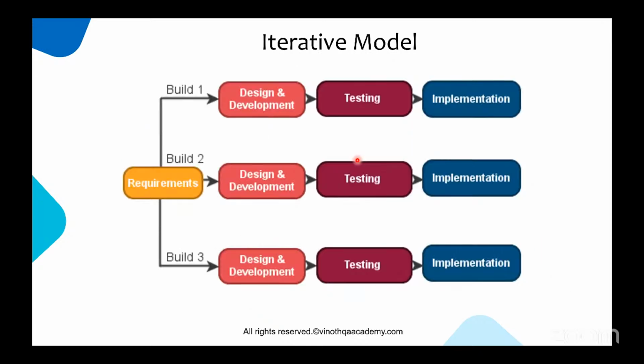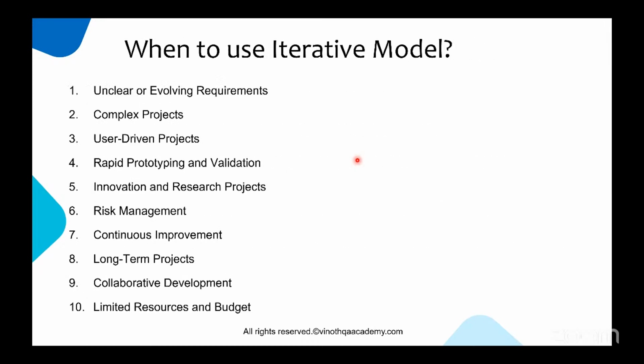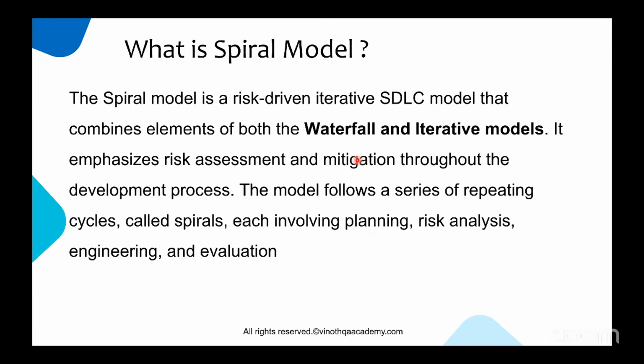And then comes the third one, the spiral model. The spiral model is nothing but a combination of the waterfall and the iterative model. We are adding both these things together, so that is called the spiral model.